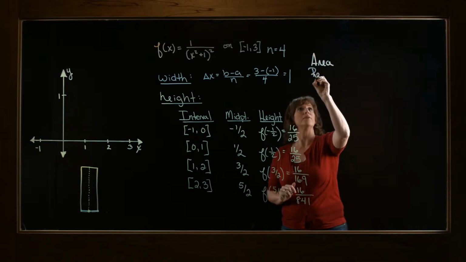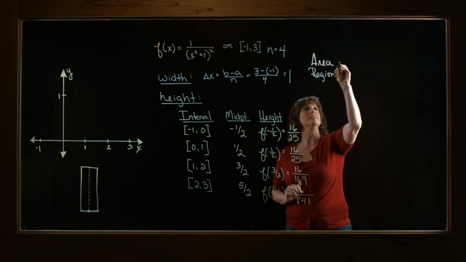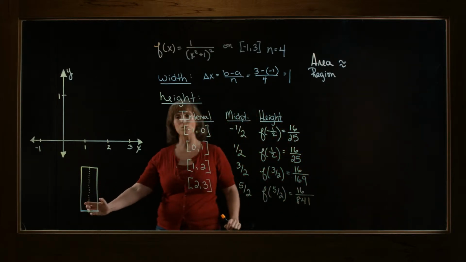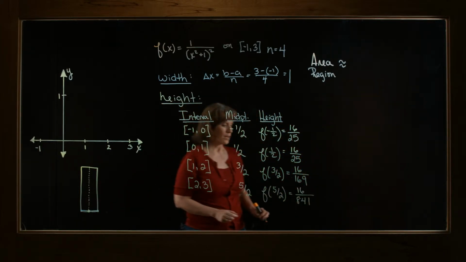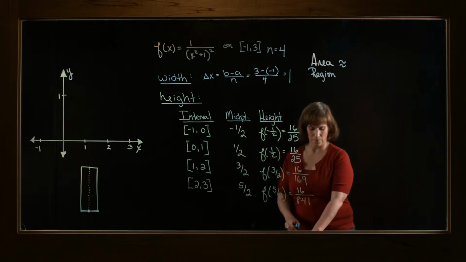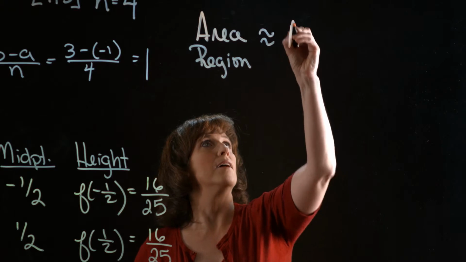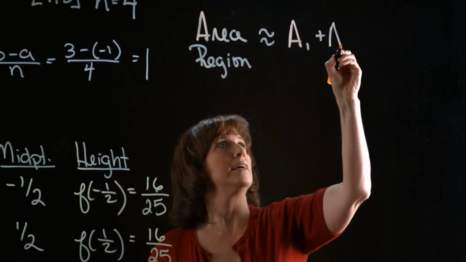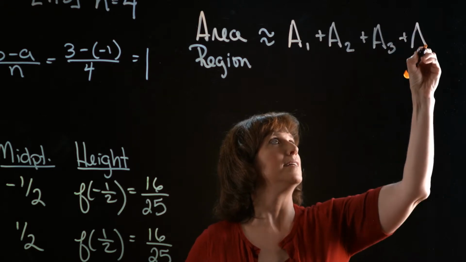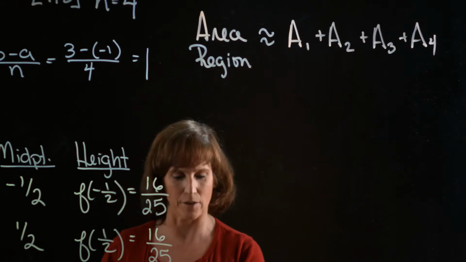The area of my region is approximately equal to the area of all of these rectangles summed up. So my first rectangle is going to be, well, let's mark this down. The first rectangle plus the second rectangle, and so on, till I have all 4 rectangles.